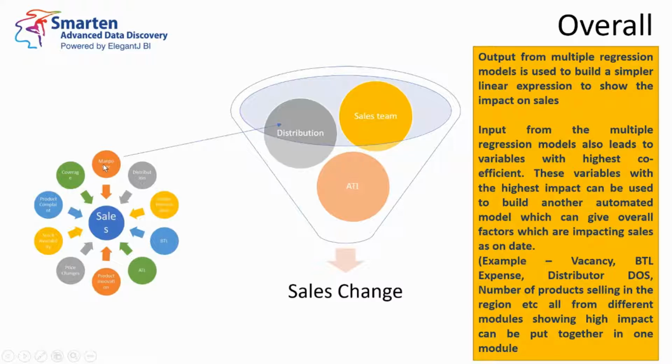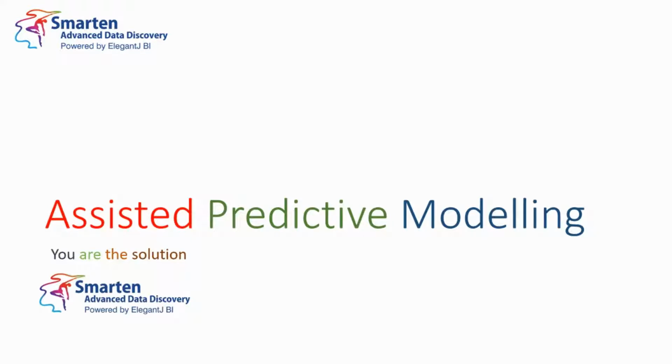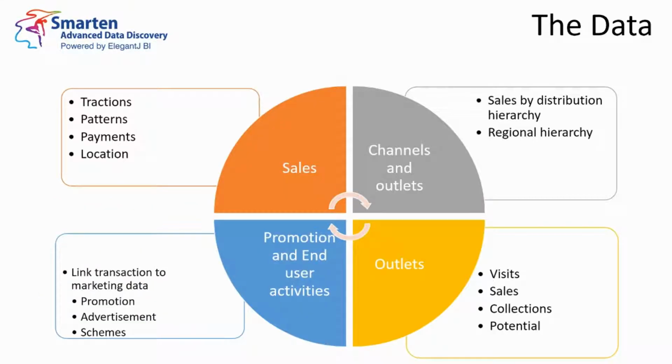Say each of these small data sets would possibly have a few values which impact positively and a few values which impact negatively, and all these parameters are put together and you can see the overall impact on sales.